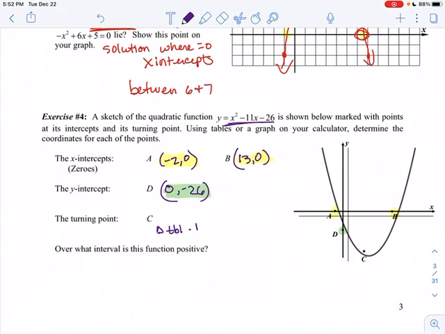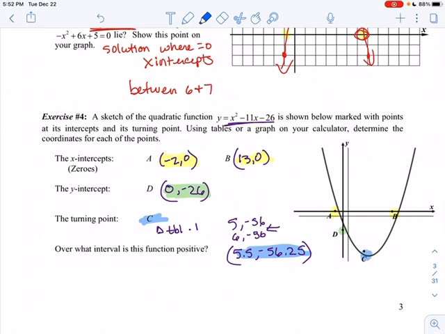Because at 5, here are the 2 points. So you got 5 and -56, and you got 6 and -56. So your turning point is somewhere in the middle right there. So that's why I said change your table, and then you see it's 5.5 and -56.25. And that's your turning point. So that's C. Okay, so C is right there.